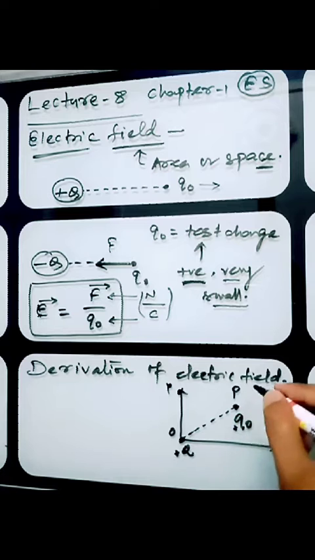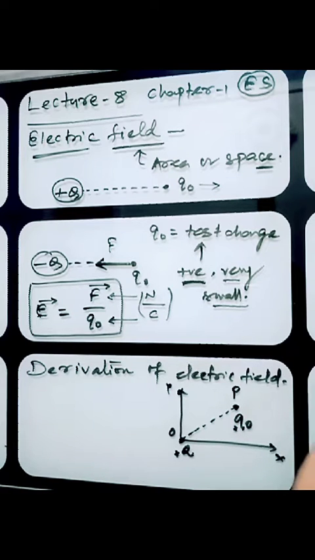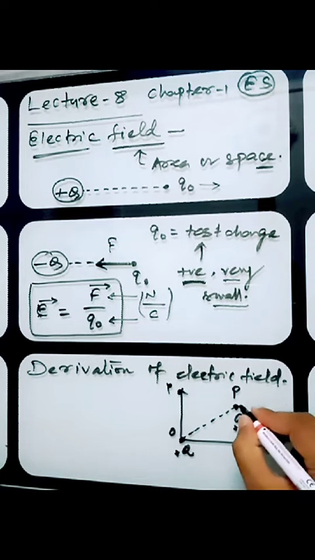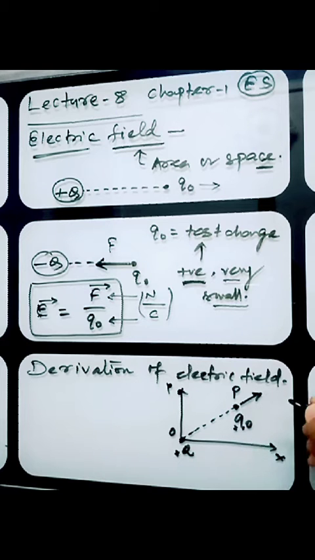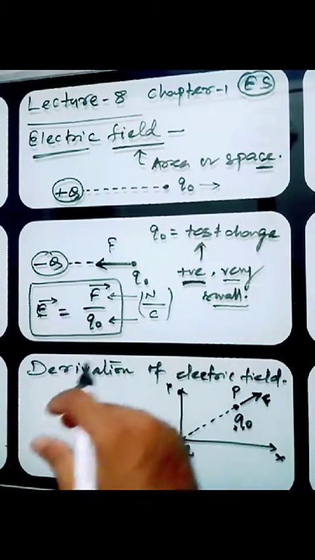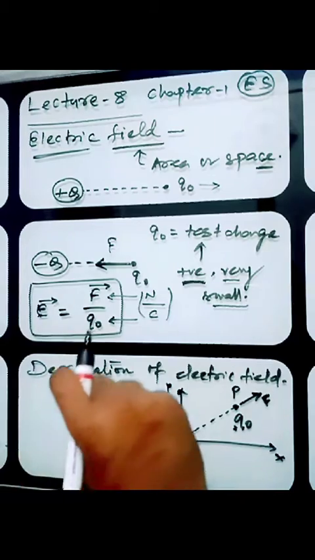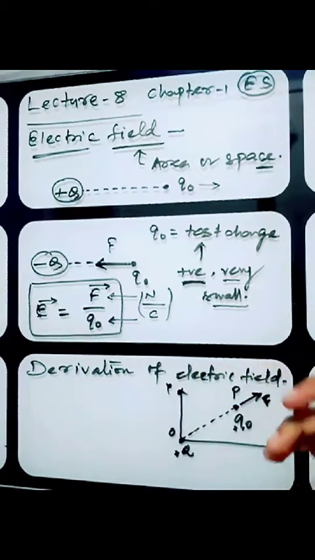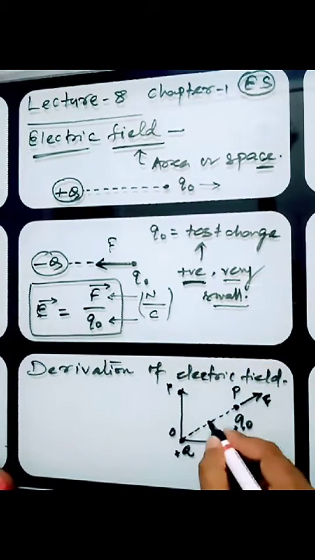Of course students, if this is a positive charge, then the direction of force will be outward. This is the direction of force. Later on we will study how to take the direction of the electric field, because it is a vector quantity, and a vector quantity should have both magnitude as well as direction.